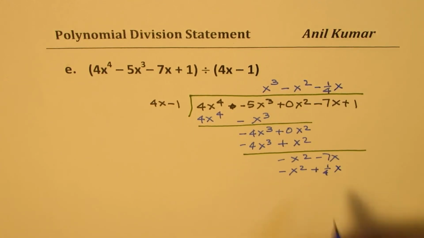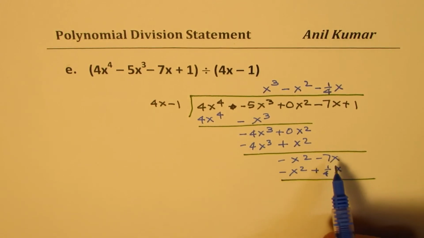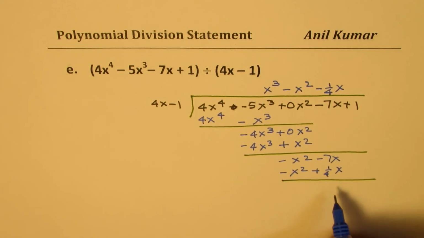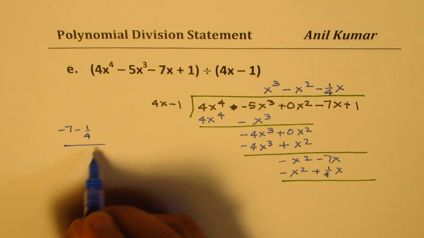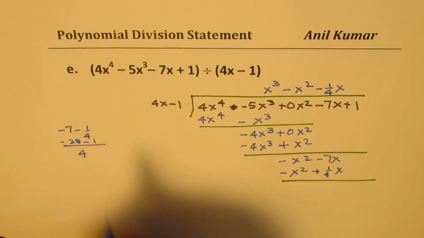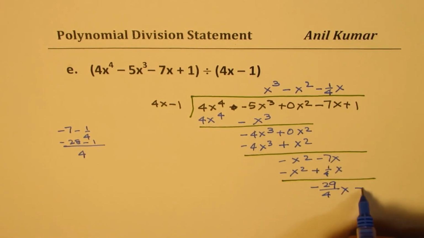So 1 over 4x. Now you need to take away from minus 7 the 1 over 4. So it becomes what? You can do it on the side. So we have minus 7 minus 1 over 4. Common denominator being 4. We get minus 28 minus 1. So we have here minus 29 over 4x. And bring down plus 1.